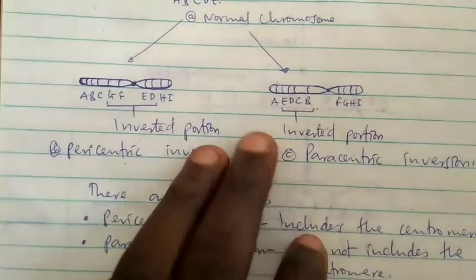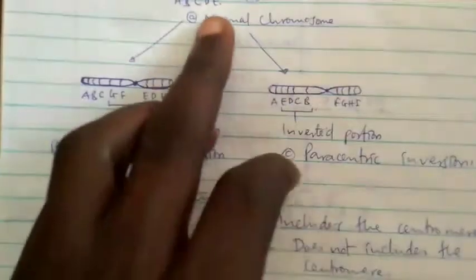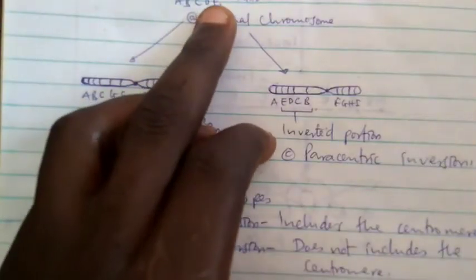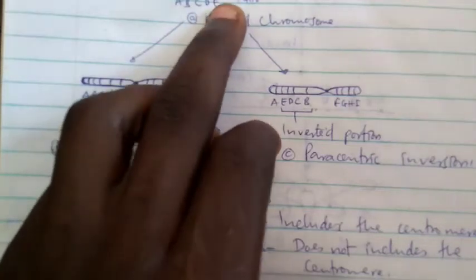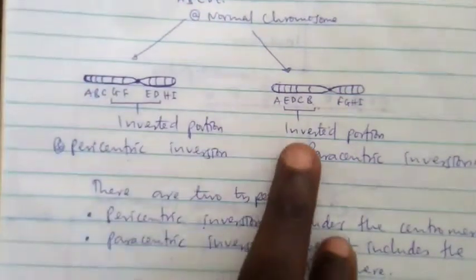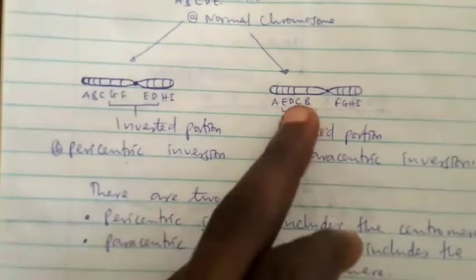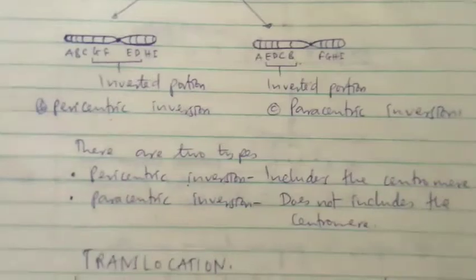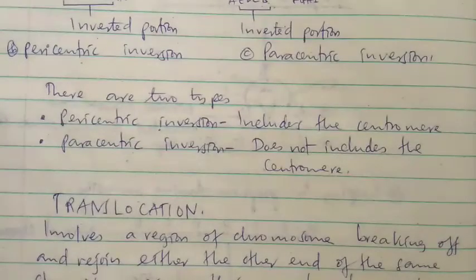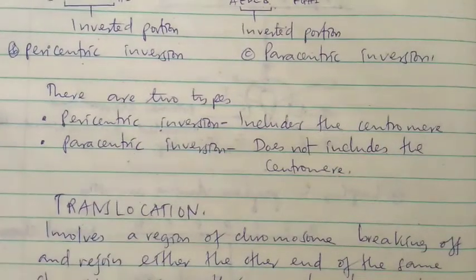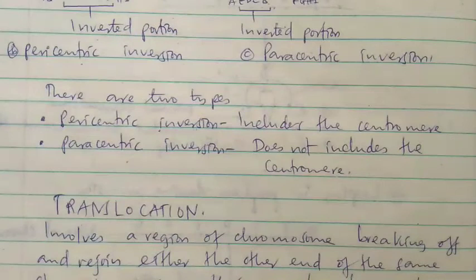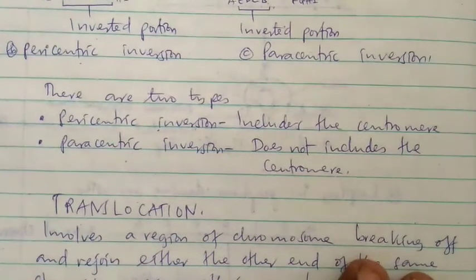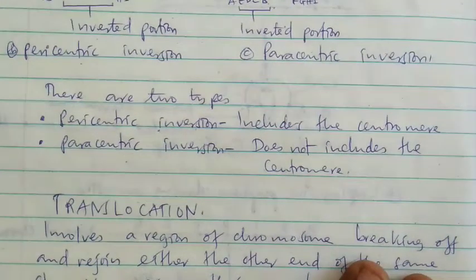Lakini inversion pia inaweza katokea pale mbele ukakuta ABCDE inageuka kuanzia hapo kwenye E kuja huko kwa inverted portion EDCB. Unaona, that's how inversion takes place. So there are two types of inversion. Tuna pericentric inversion, includes the centromere, na paracentric inversion does not include centromere.